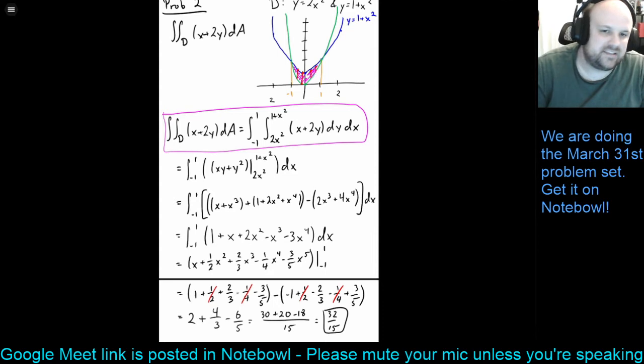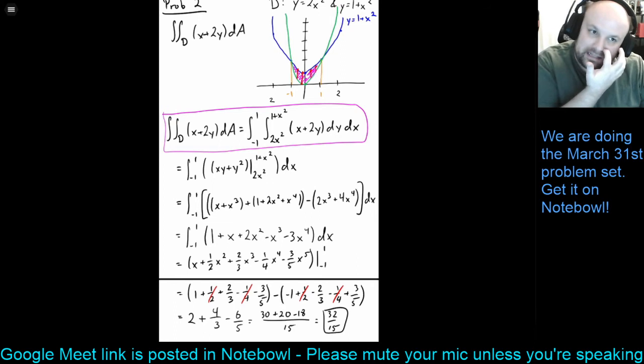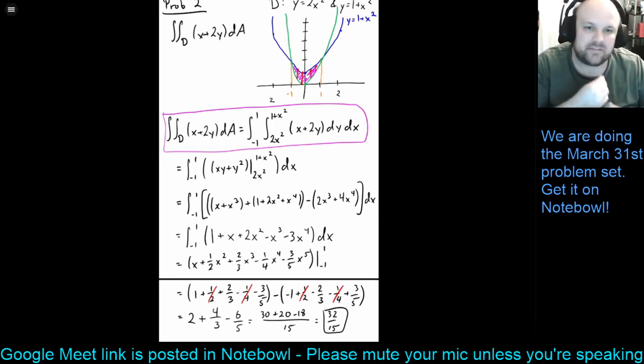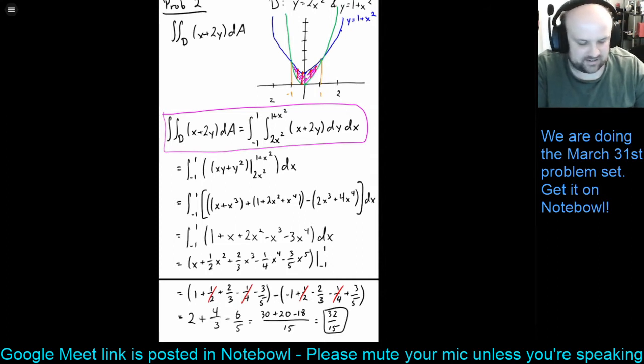Right? This is like 80 to 90% of the credit on, well, I guess we're not doing the same typical exams anymore, but being able to set that up correctly and give justification to that, on the normal written exams, this would be like 80 to 90% of the credit on the problem, right? Because the rest of this is just like single variable calculus stuff.